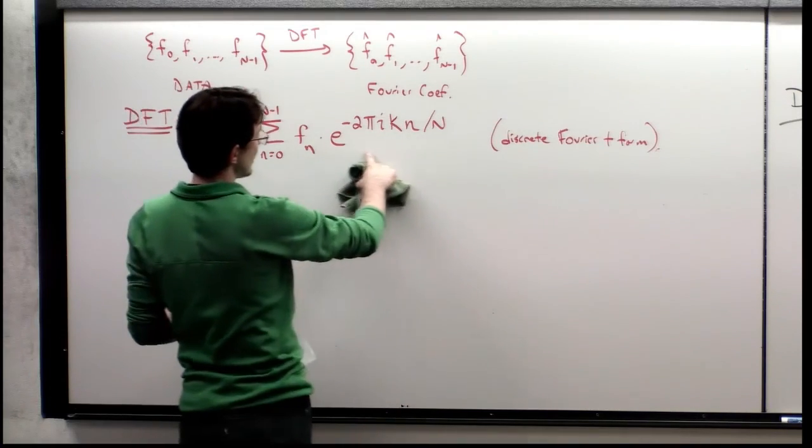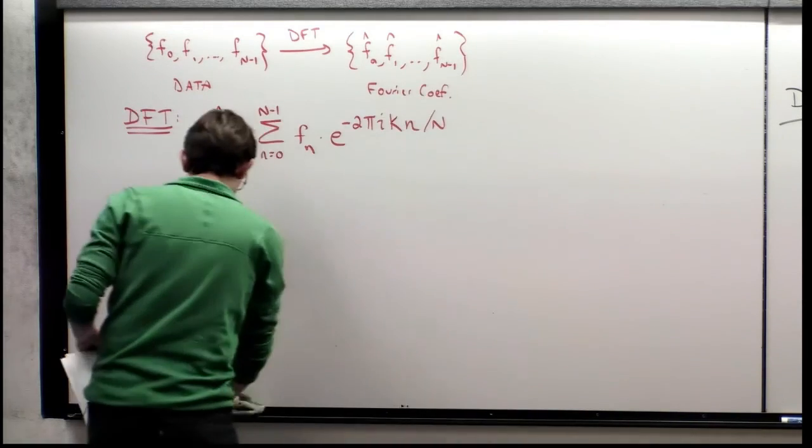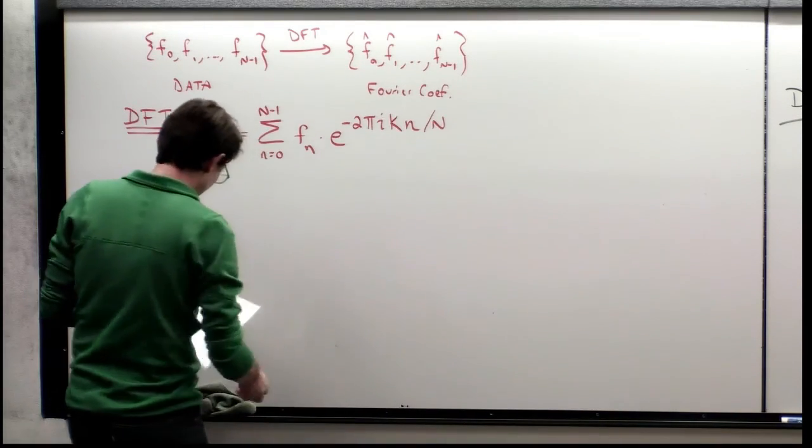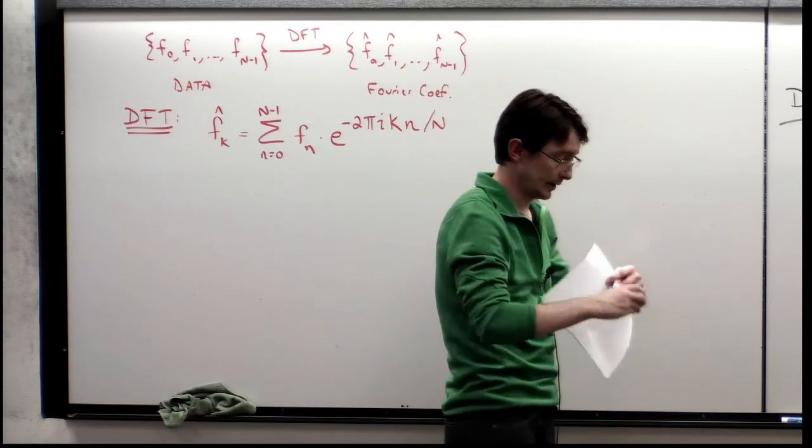So let's get our heads around what this e to the 2 pi i stuff really means. There's a formula called Euler's formula.